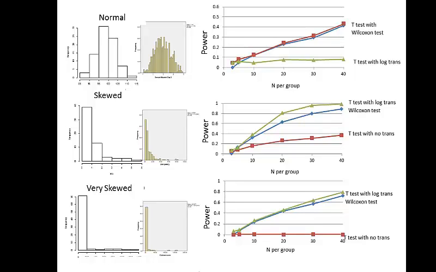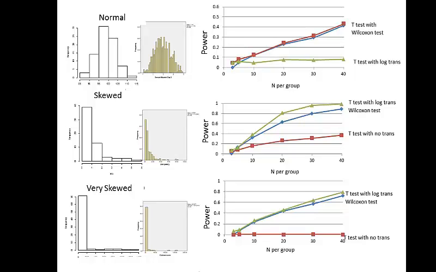The Agatston score has a huge cluster of zeros, but some patients have a large value. When you have very skewed data, the t-test has absolutely no power. In this case, with the Wilcoxon test or the t-test with log transformation, you actually gain power.